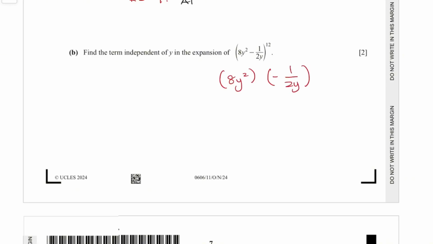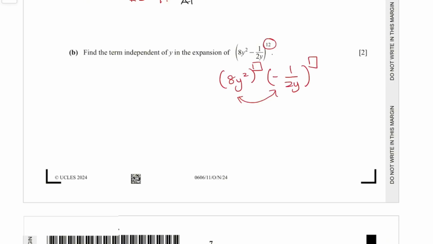Okay, as I mentioned earlier, when you expand this, your power, they must add up to be 12, right? Now think about what are those powers that when you multiply this, you will cancel off your y. Your y would be having to the power of 0. That would be cancelled off.